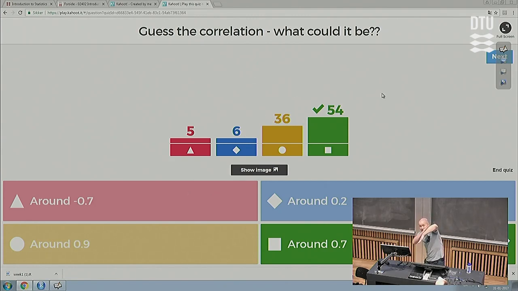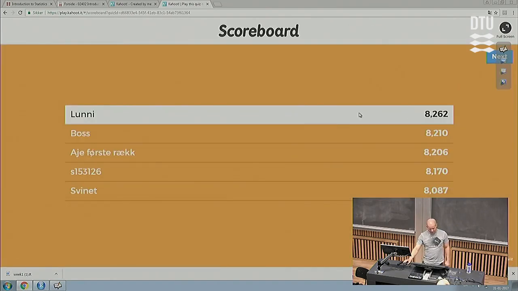Negative, that's when it's going down, right? Positive, that's when it's going up. I think we had a complete change of, didn't we? Good to see.